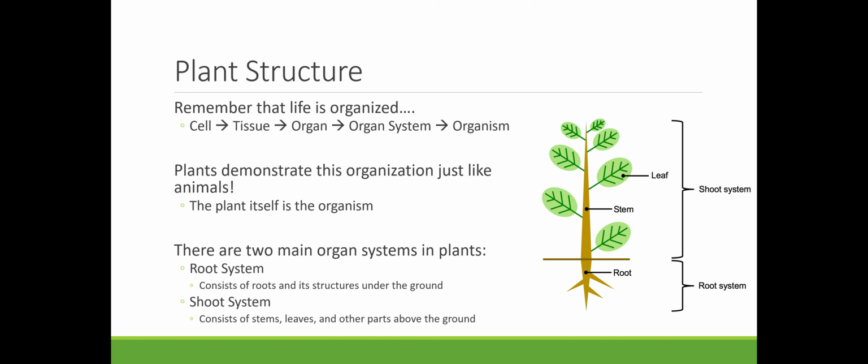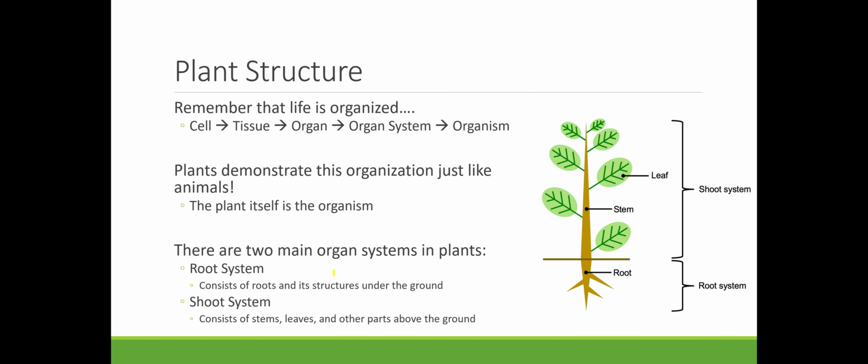We think of the organs that we have as humans or the organs that other animals have. But just like animals have this complex structure where cells make up tissues, which make up organs, which make up organ systems, which make up the organism, plants have this same organization because they are multicellular. And so they're going to have this organization from simpler all the way to more complex.